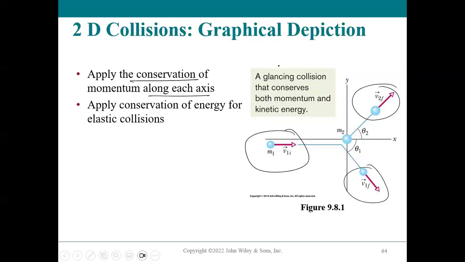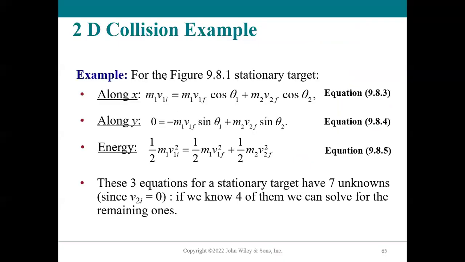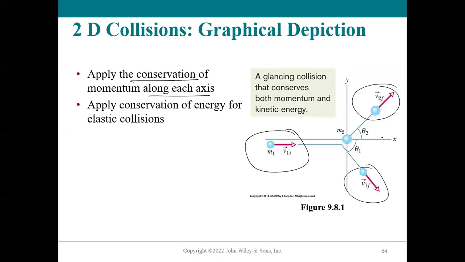Okay, so we can analyze this one first. M1 V1 initial along the x-axis, M1 V1 cos theta 1, and then M2 V2 cos theta 2. Along y, this one is the final condition. For particle 1, it means theta 1, here.